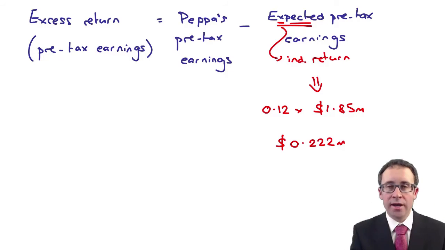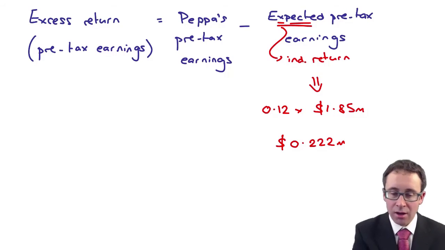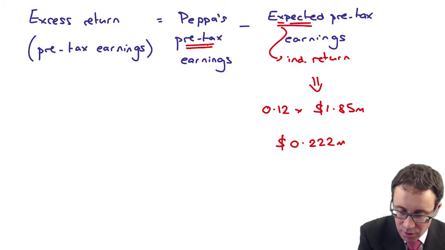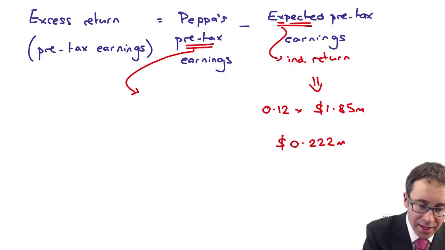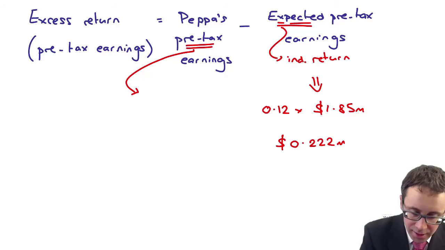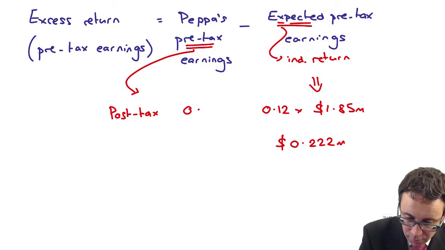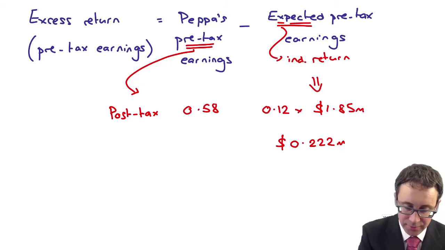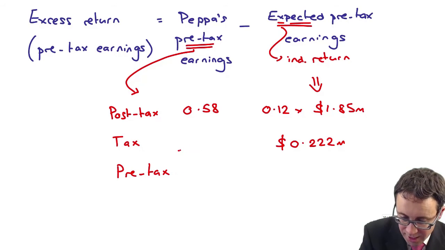But we are returning more, so we need to go through there and look at what Pepper's earnings actually are pre-tax. Okay, that's where we just need to be a little bit careful, because what we are given within the scenario is, is it the post-tax earnings, 0.58, and we need to then work them out pre-tax.